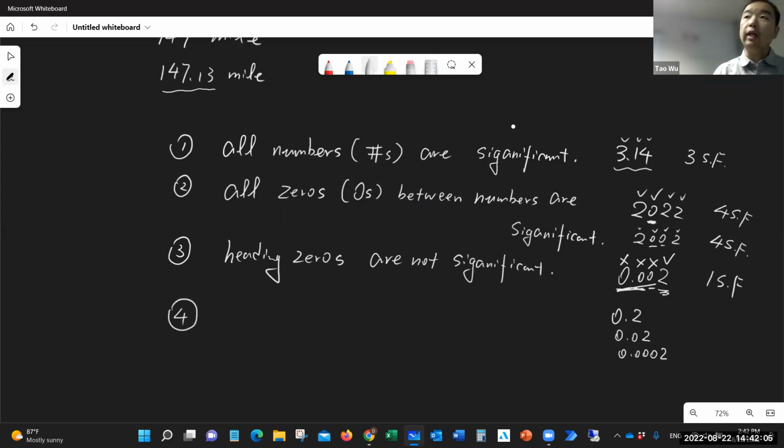Rule number 4 is a little bit confusing, but I hope you can follow. I'm going to separate this into sentences. The first sentence is about trailing zeros. Trailing zeros are not significant.